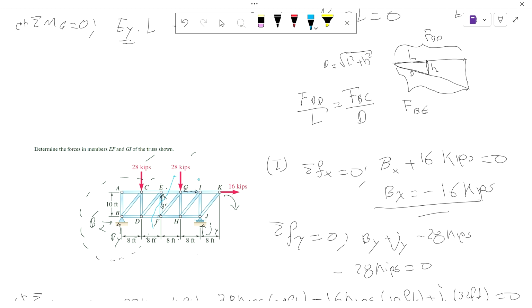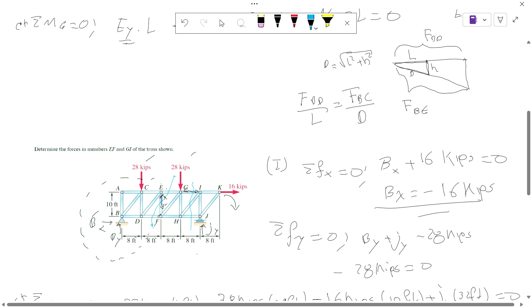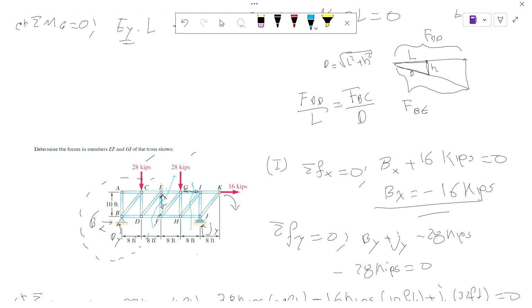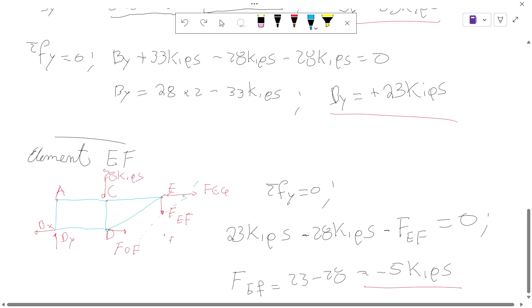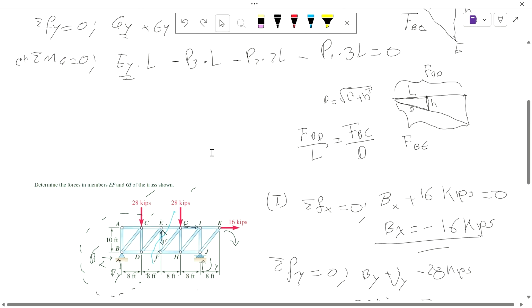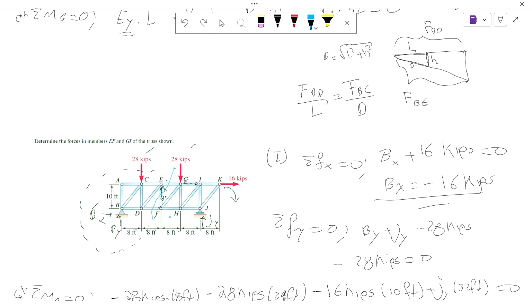Okay, so that was basically what we did before. We're going to cut here, and that will give us GI exposed. So it's three elements. You can cut like that, or, whoops, or you can cut like this.